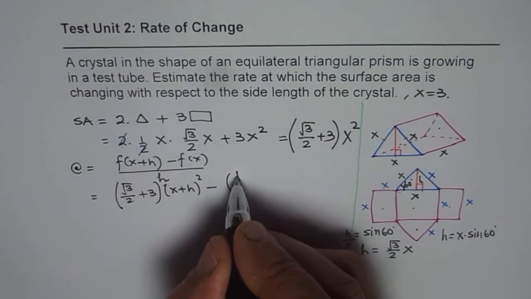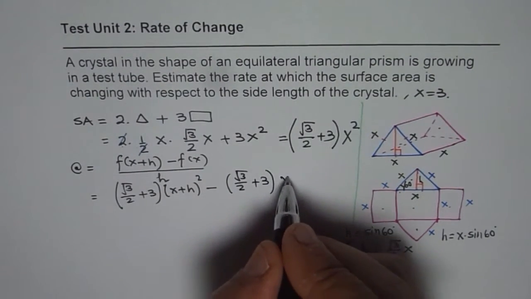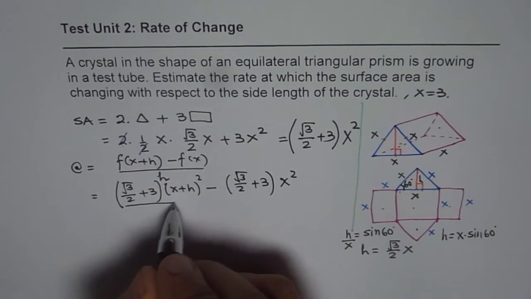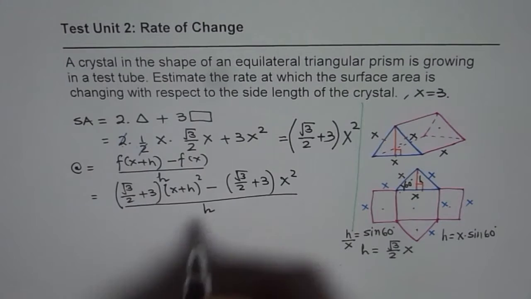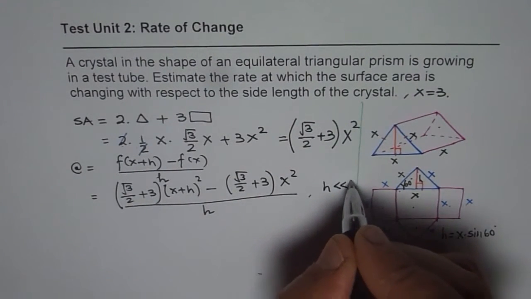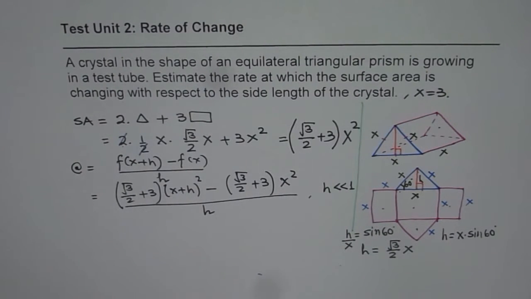It is (square root 3 over 2 plus 3) x squared, divided by h. So everything divided by h. Where of course we know h is very, very small compared to 1, since we are looking for instantaneous rate of change. Correct?